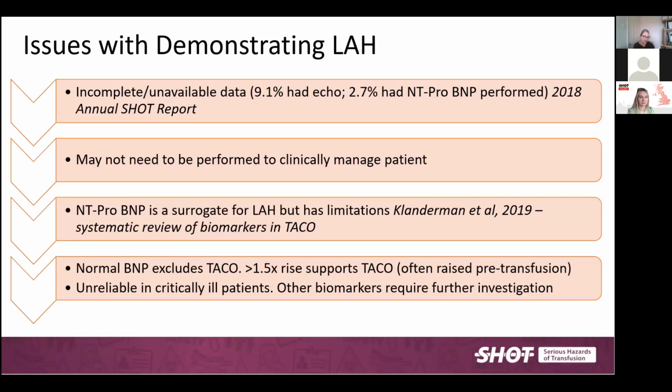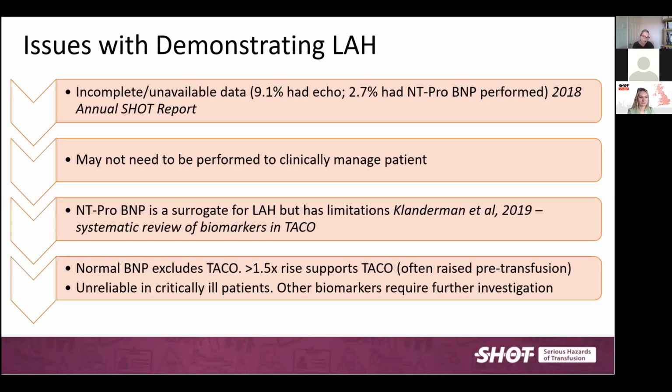Now, to be fair, it might not be required to clinically manage that patient, so we shouldn't perhaps be surprised by that. And we're not saying that you should do this specifically to help with haemovigilance categorization. But we do know that BNP is a surrogate for left atrial hypertension, but it does have its limitations, and there is a systematic review there if you wanted to look at that in more detail.